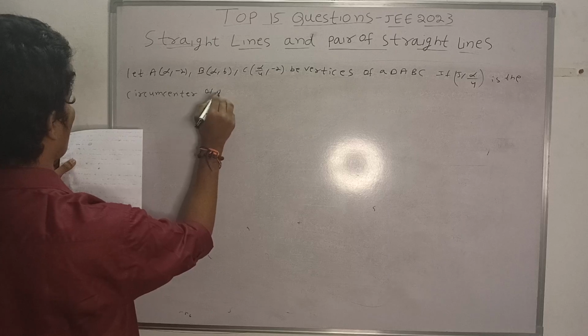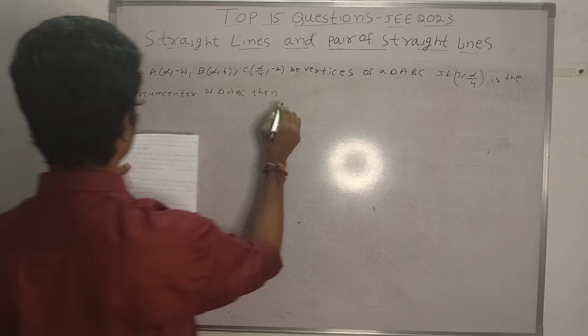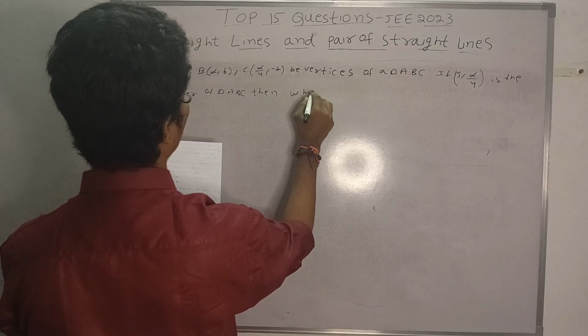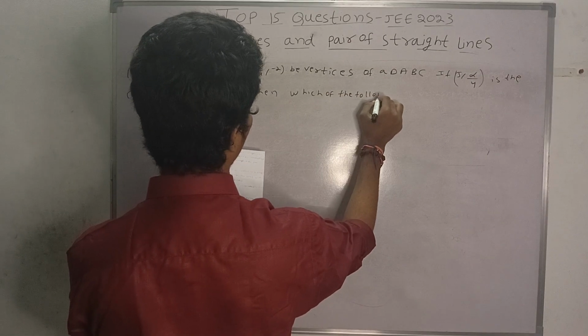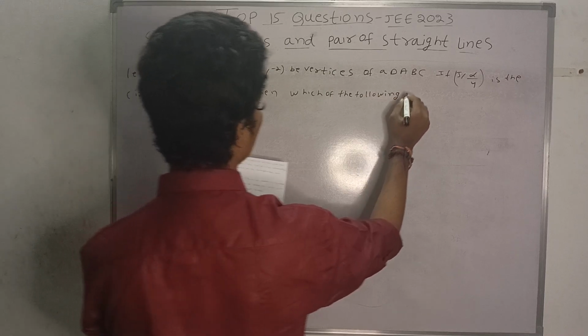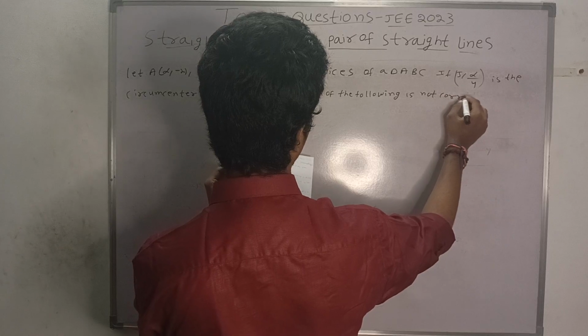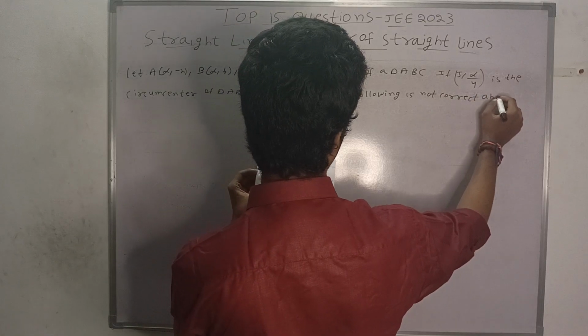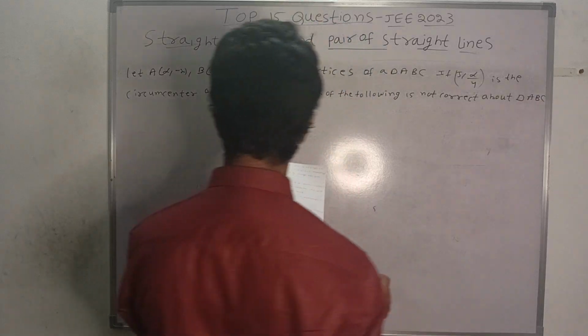If the circumcenter of triangle ABC is given, then which of the following is not correct about triangle ABC?